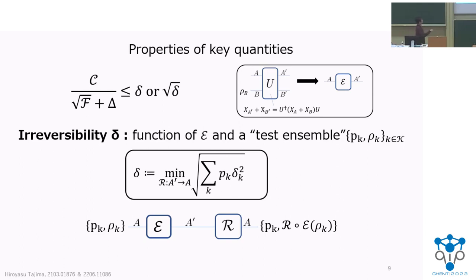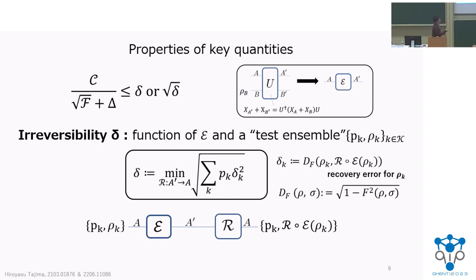Here we prepare some test states, a test ensemble, and apply the local dynamics E. After that, the initial states become different. So we try to recover the initial states as close as possible by using a CPTP map, R. But in general, we cannot recover the initial states perfectly.